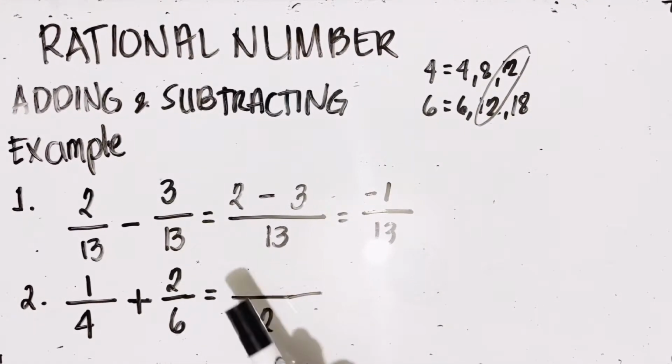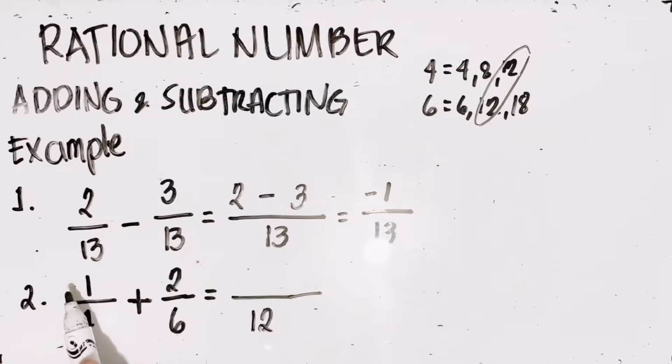Now for the new numerators. First, 1/4 will be changed into a different fraction. So how to do that one? First, divide the new denominator by the old denominator. 12 divided by 4 is 3. The quotient will be multiplied to the numerator.